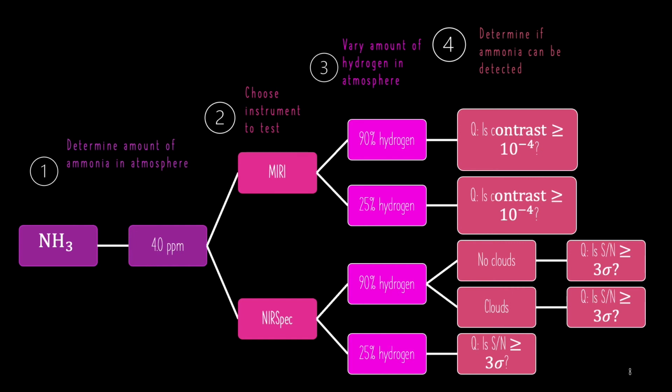With a 90% hydrogen atmosphere, we also want to see the effects that clouds have on detectability, so we do clouds versus no clouds here. And then for NIRSpec with transmission spectroscopy, we ask if the signal to noise for these ammonia features is greater than or equal to 3 sigma, to determine if that's a detection or not.